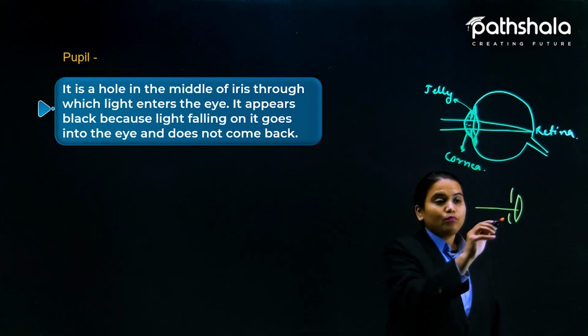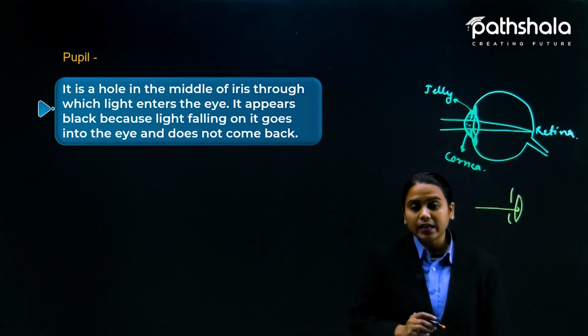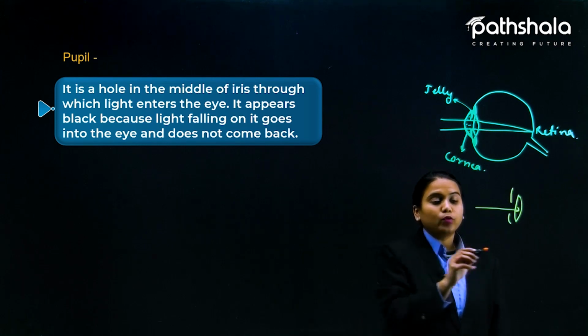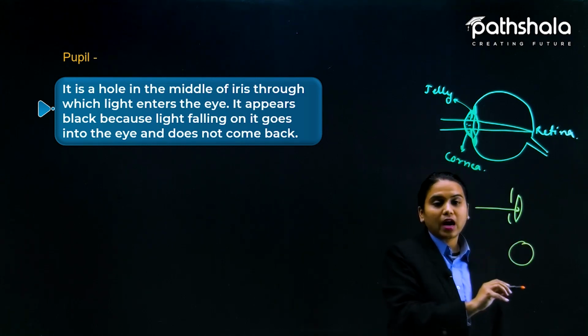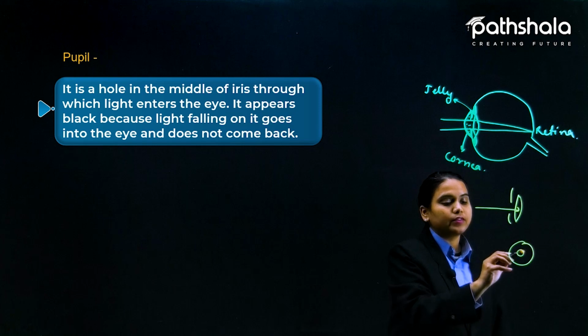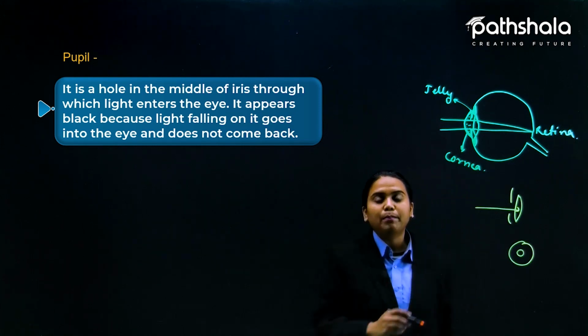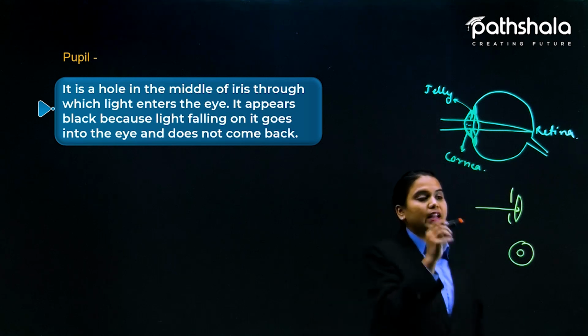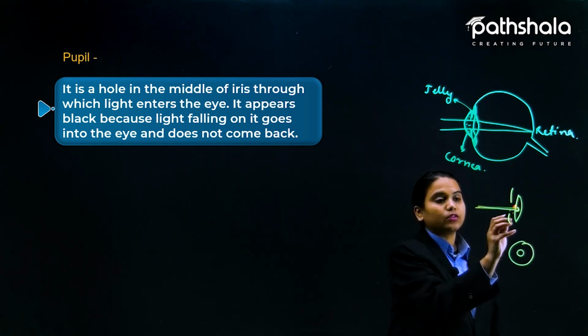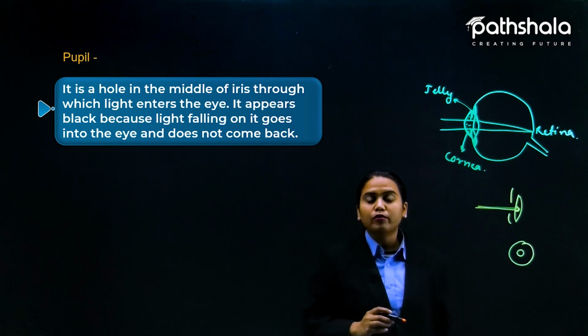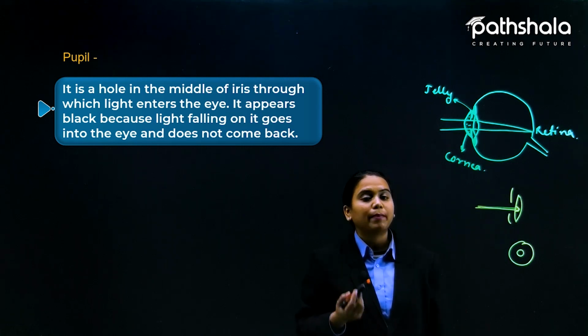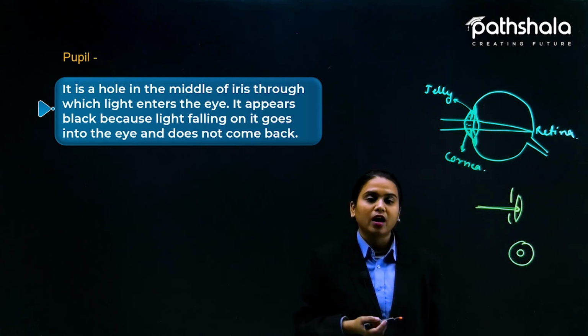That is the dark area in the middle of our iris. You must have seen there is a black spot in between there. That middle part of the iris is where the light is getting in. Light is going in and no light is coming back. That is why it is totally dark.